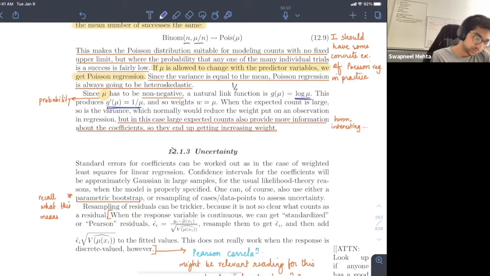so 1 by mu whole squared into mu is equal to the variance of z given x.